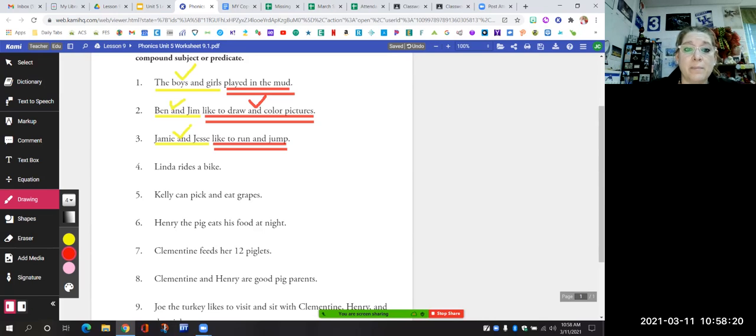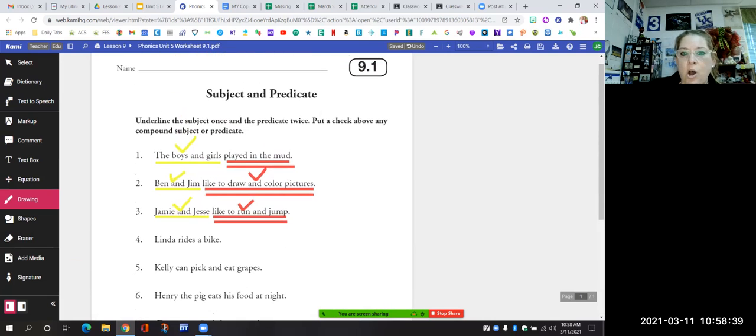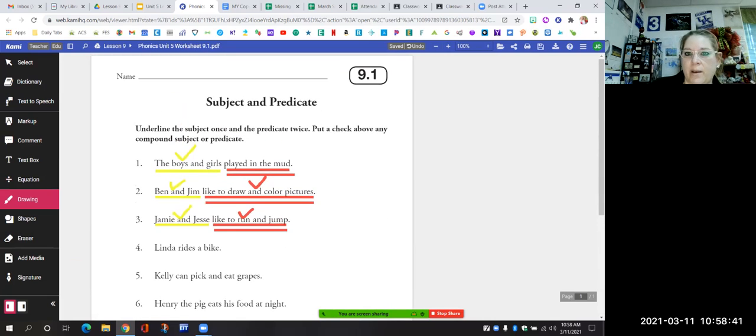That is compound because they like to run and jump. There we go. All right, so you are going to do 4, 5, 6, 7, 8, 9, and 10 on your own today, okay?